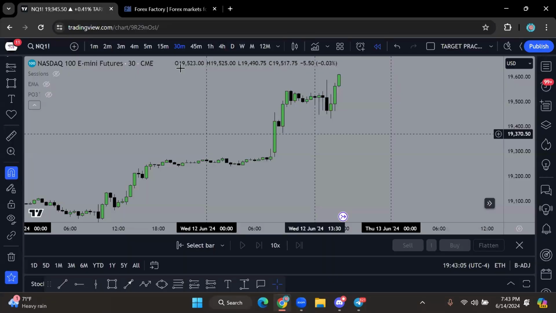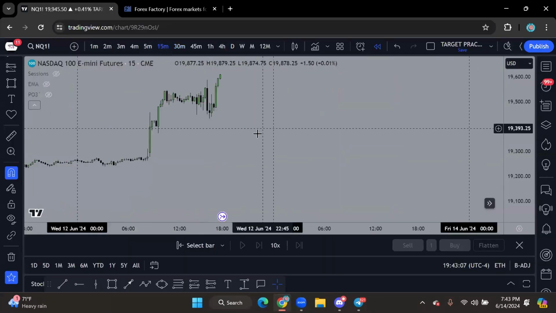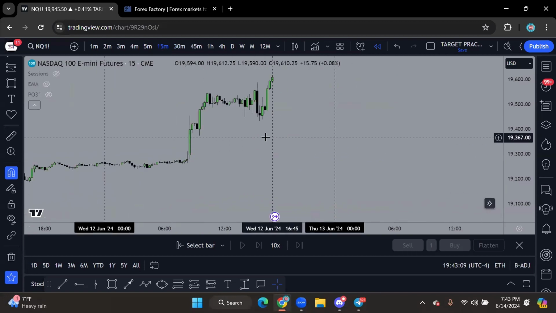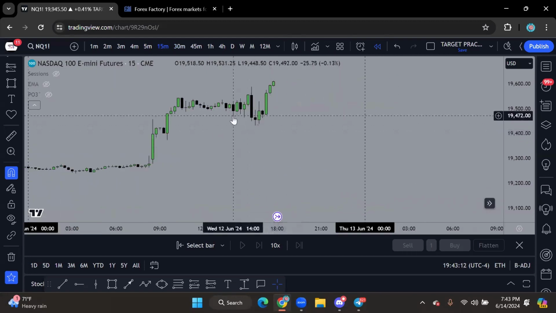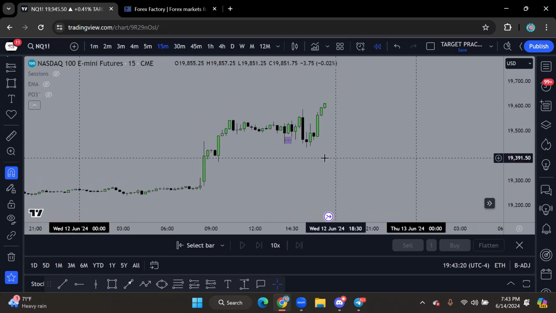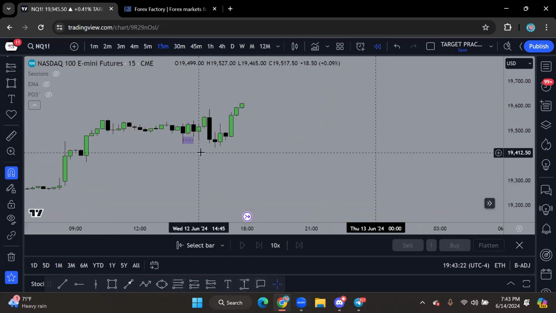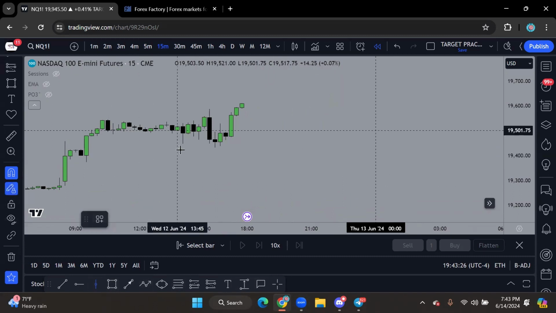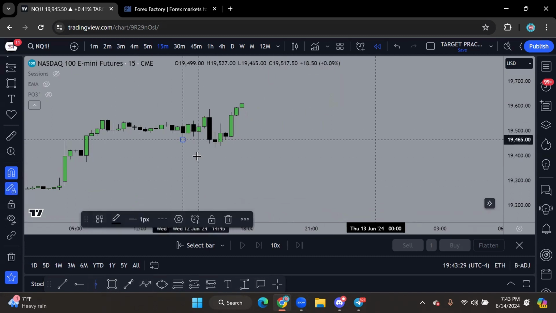So going into FOMC on Wednesday, what do we see price do? So here is the beginning, 2 o'clock, and here's the start and the end.